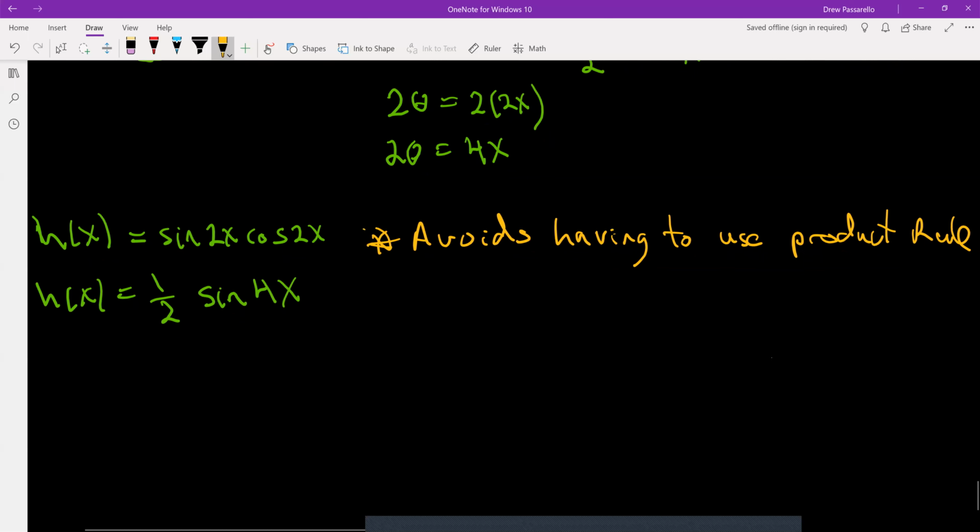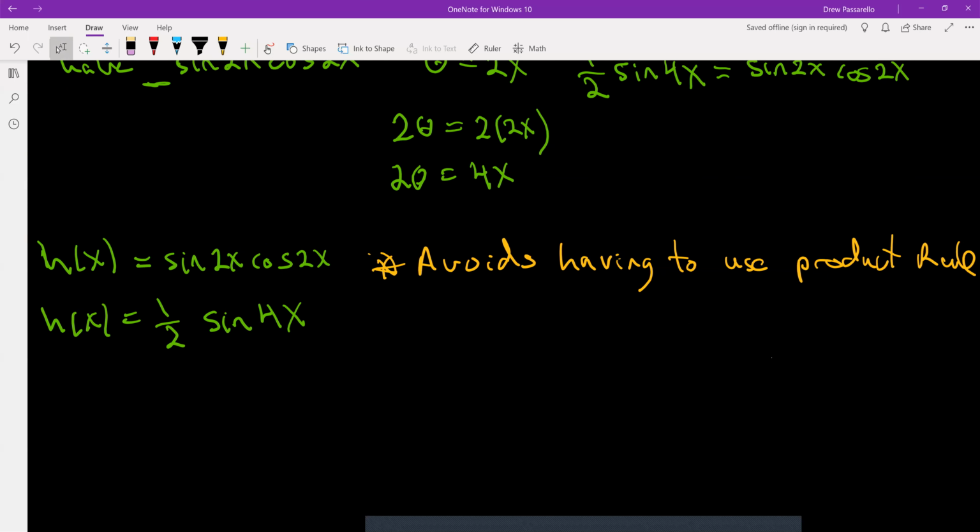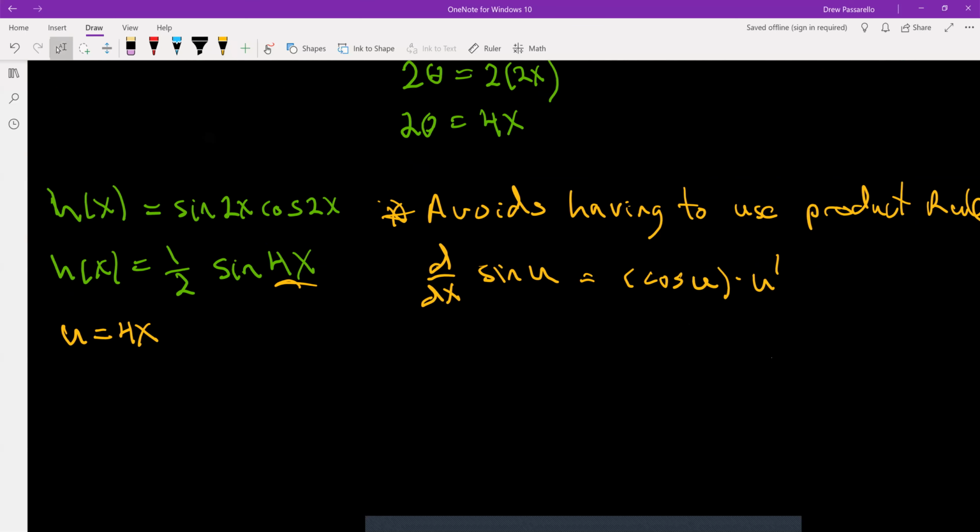I only need to apply the chain rule for this and the derivative of sine. So the derivative of sine of u is cosine of u times u prime. In this case, u is 4x, that's our inside function. So u prime is 4, since it's 4 times 1.